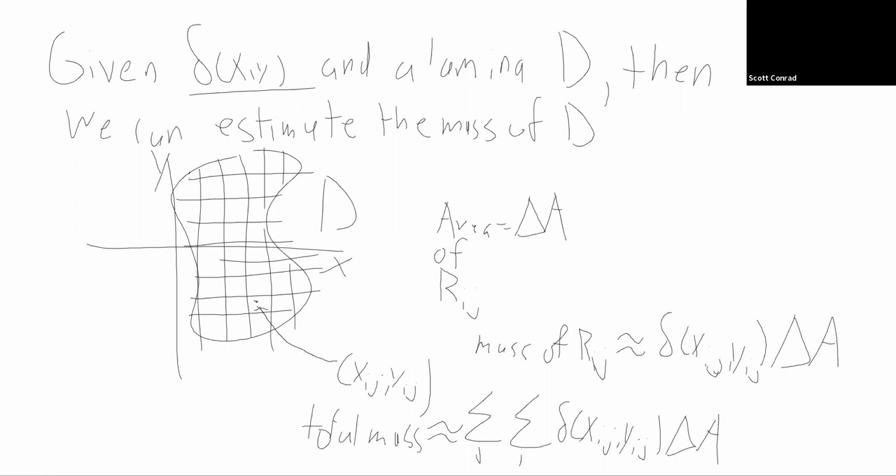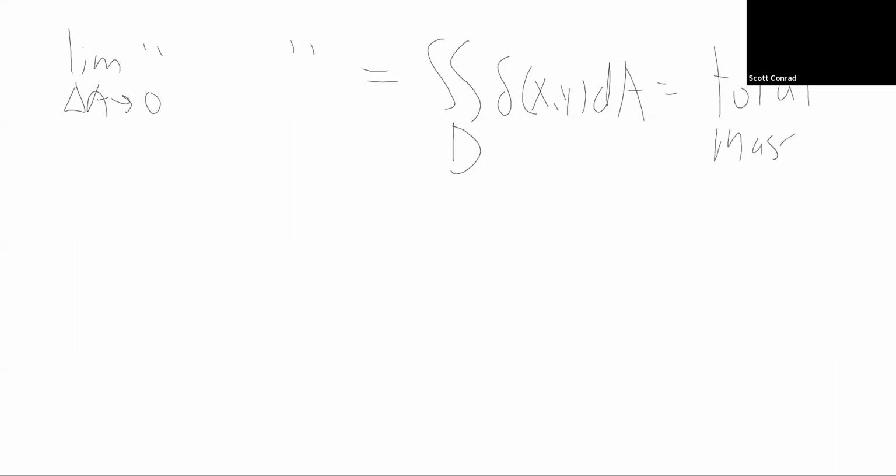So the limit of that is just going to be an integral. That's the integral over the region D of the density, and that's going to be the total mass of D. So if you want to get the total mass of a region D, you integrate the density over D.